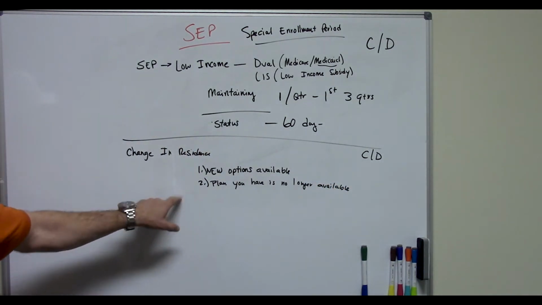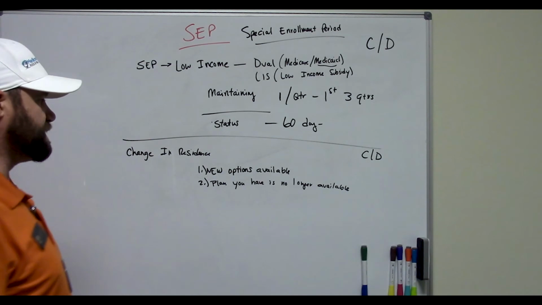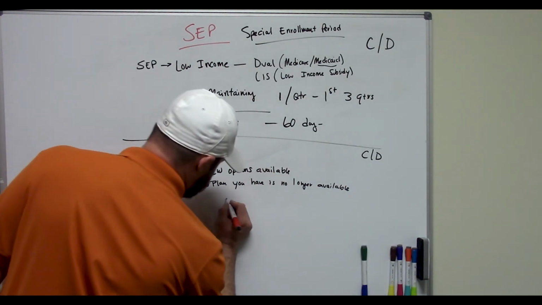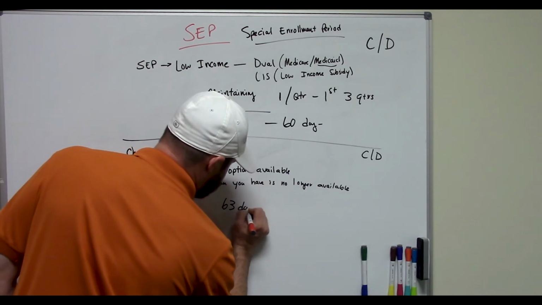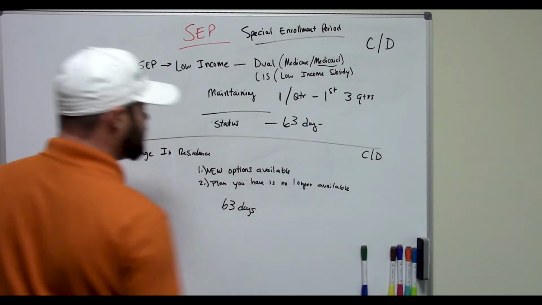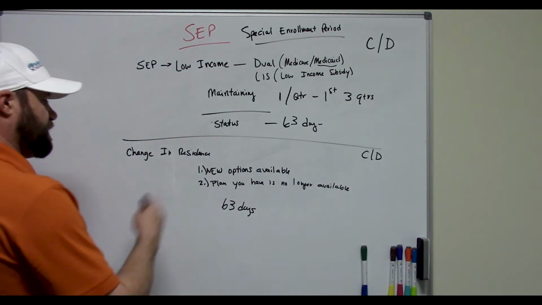In this scenario, either of these, it would qualify for a special election period. It's the same window as that, 63 days in essence. That accounts for 3 months. 63-day window for the change in residence.